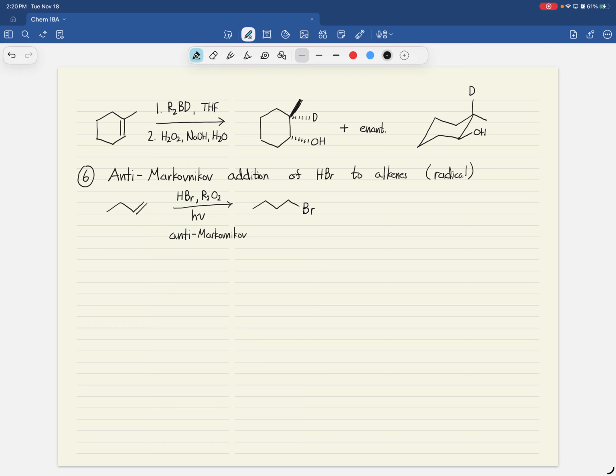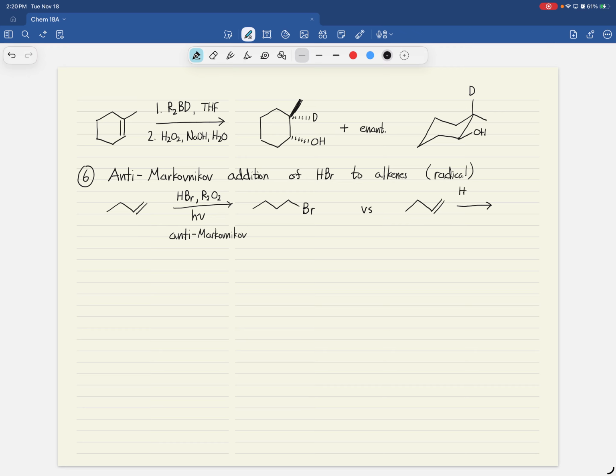Now we have to make a little asterisk mark here. This only works with HBr. It does not work with HCl. So I'll show you the reaction with HCl. Let's compare this to HCl. For whatever reason, HCl does not work.